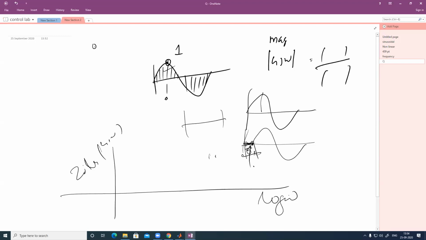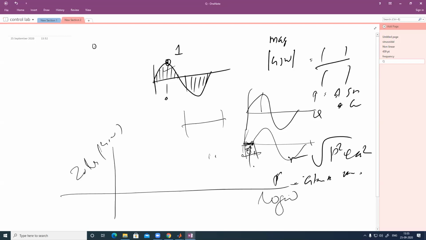So you are getting it as a Fourier coefficient, a sine part and a cos part. That is taken as P and Q. The square root of P square plus Q square is the magnitude, and atan2 of P comma Q is the phase. Since the square root is taken, the 20 becomes 10 log of P square plus Q square.